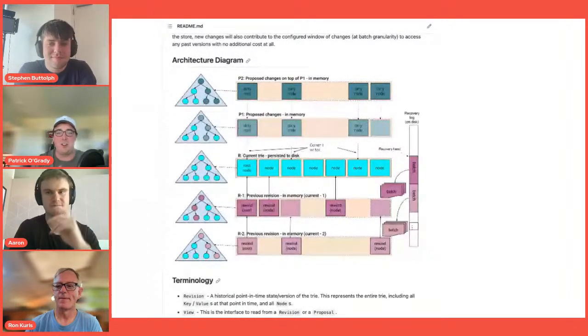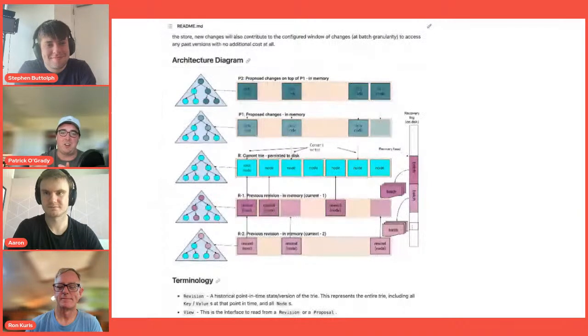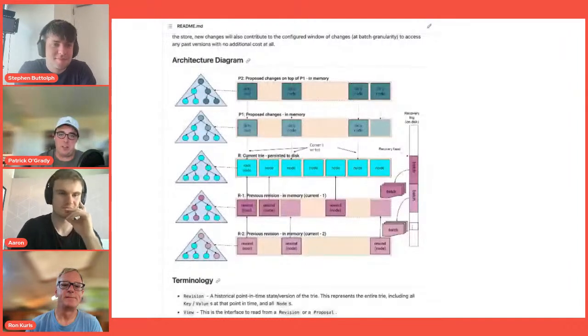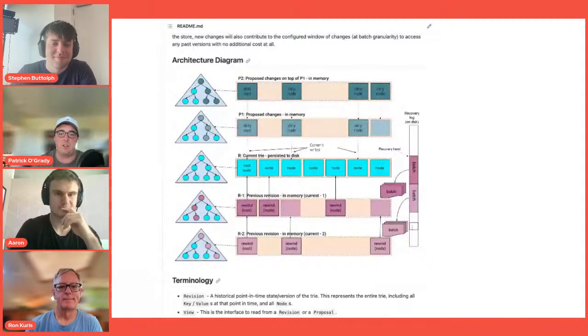If you're trying to generate a new root and you have to modify a bunch of intermediate nodes, maybe they're stored efficiently, but if you now have to read a bunch of different nodes off of disk, that doesn't mean it's going to be faster, especially if all that's stored in memory. So having really efficient look ahead and knowledge of how the data structure is actually being used can make a huge difference.